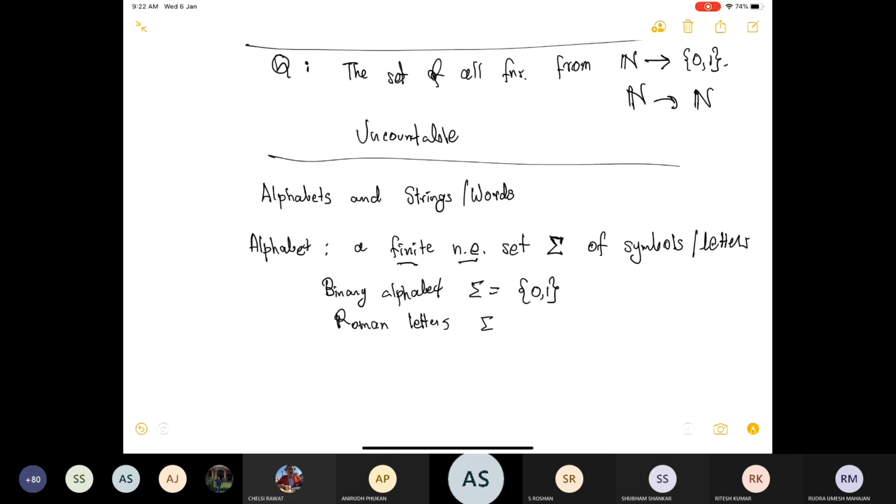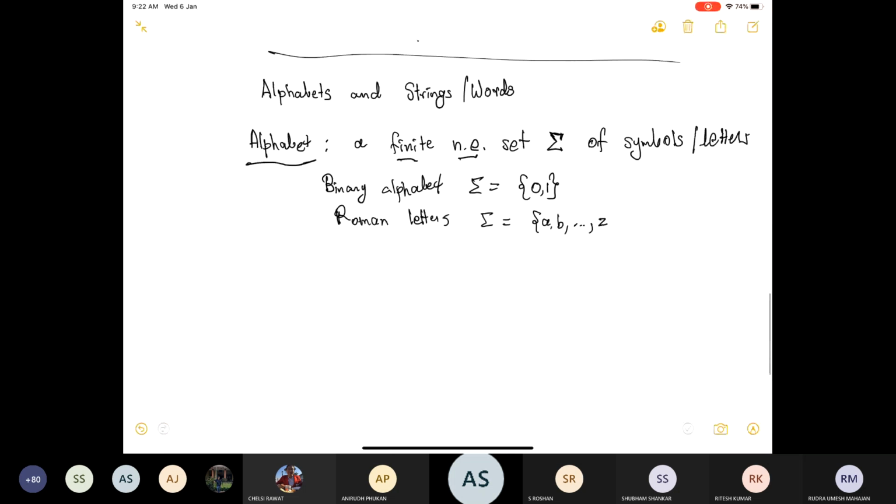So this is lowercase, right? Anyway, that's an alphabet.